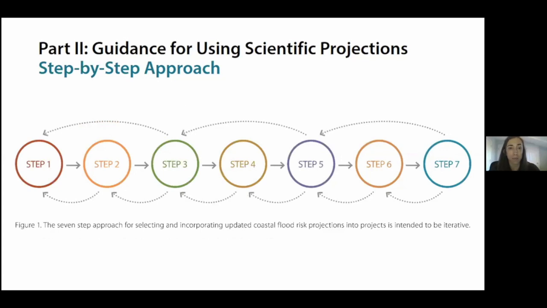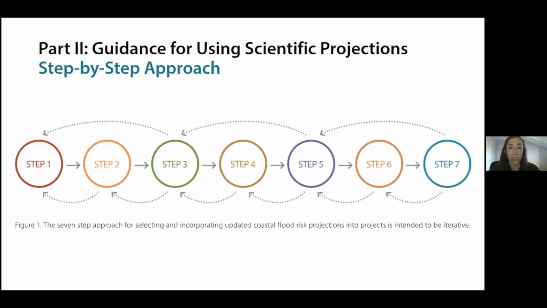These 7 steps are presented in a sequential or linear fashion, but prompts are included throughout the guidance to encourage iteration. Meaning if you get stuck or you need to adjust something as the process progresses, feel free to go back and revise your responses to previous steps as needed. There aren't really any hard and fast rules that you need to follow.